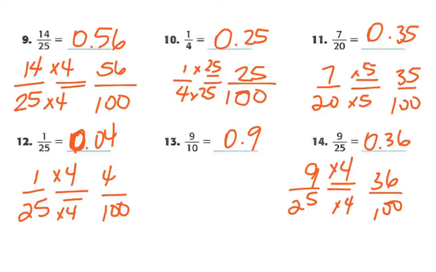Alrighty, so 14/25 would be the same as 56 hundredths, or 0.56. Notice that I had to get my fraction to have a denominator of 100, so I multiplied 25 times 4, and then that meant I needed to multiply 14 times 4. When I had 1/4, I could think about a quarter, or I could just think about how can I get 4 to a denominator of 100.